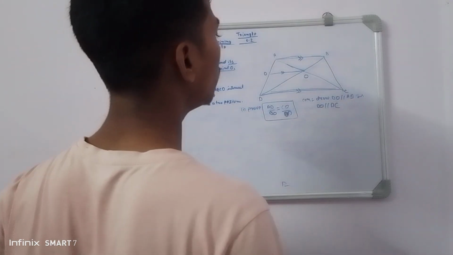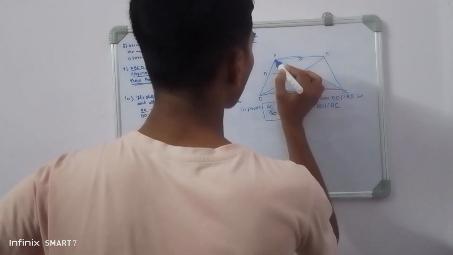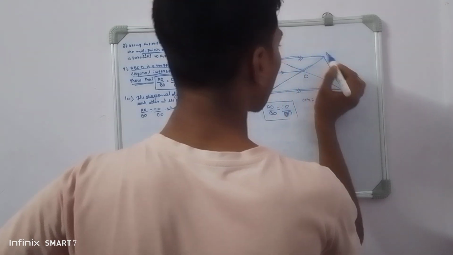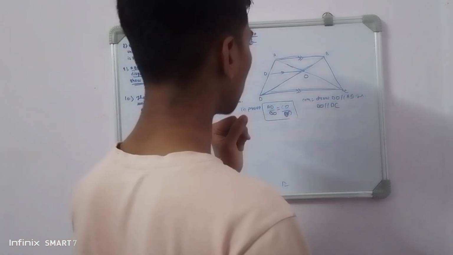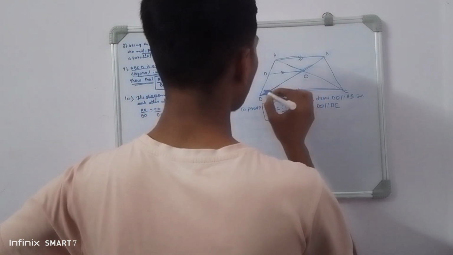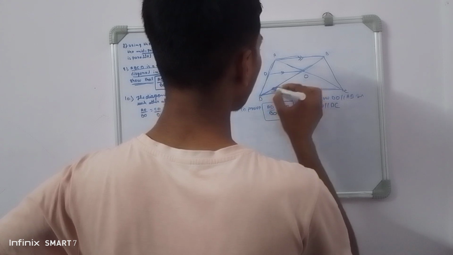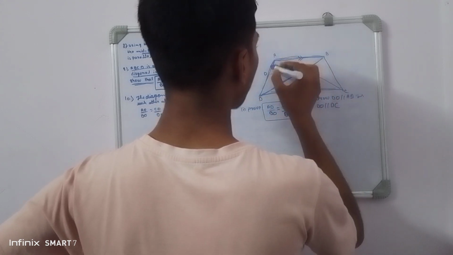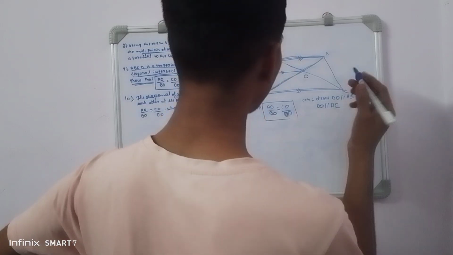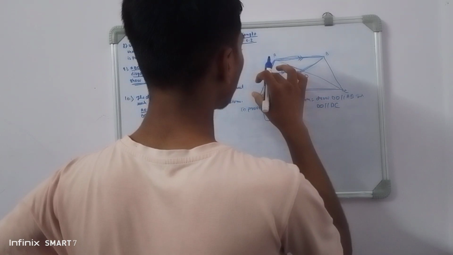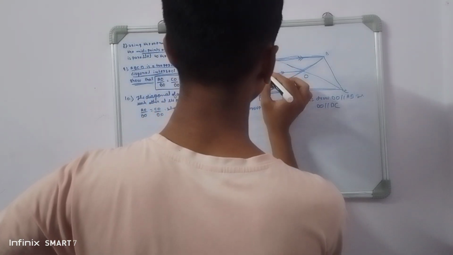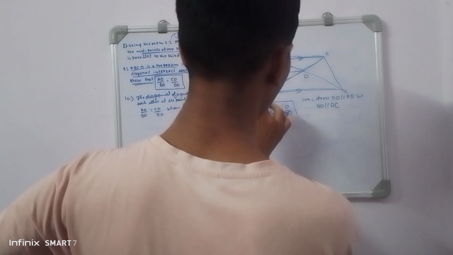Now we have to get this one. So how will you use this concept? Now when you draw, then you get a triangle where two lines are parallel. That means you could use the concept of BPT. So now what do we have here? The triangle we have is ADB, in which, if you look closely, you will be able to see, let's suppose this point as D dash, because already we have the D here.